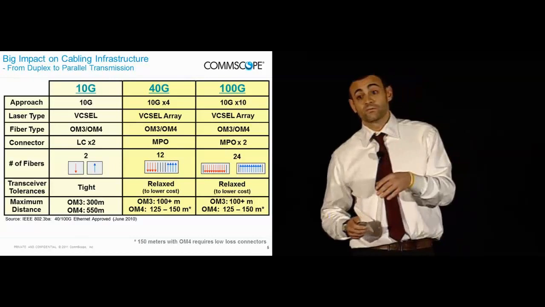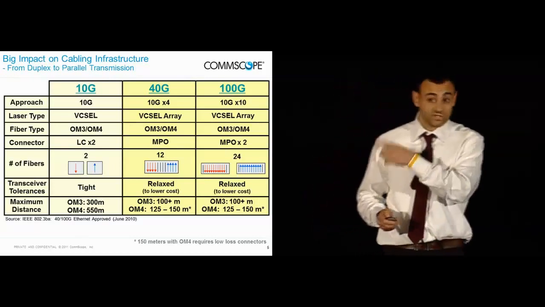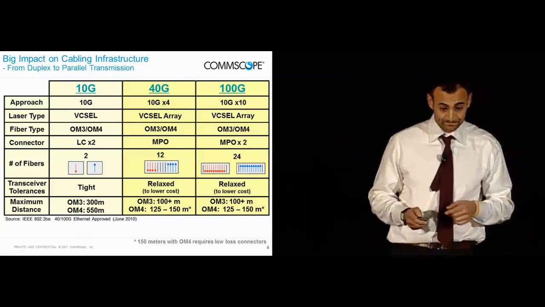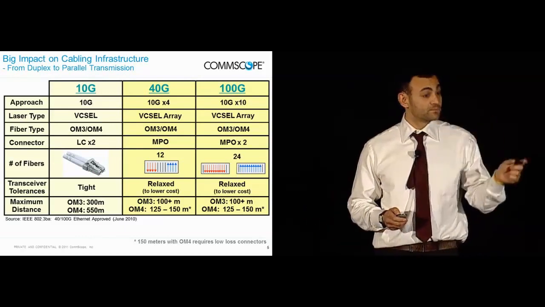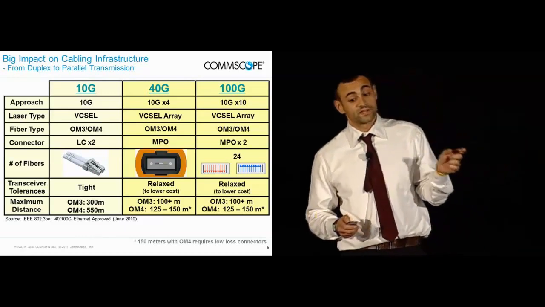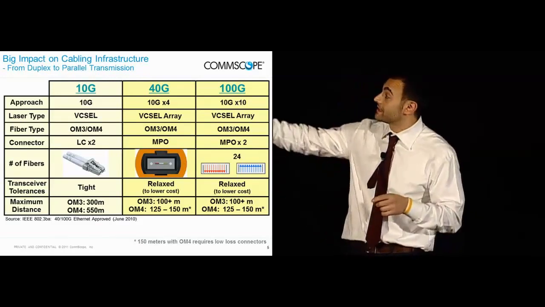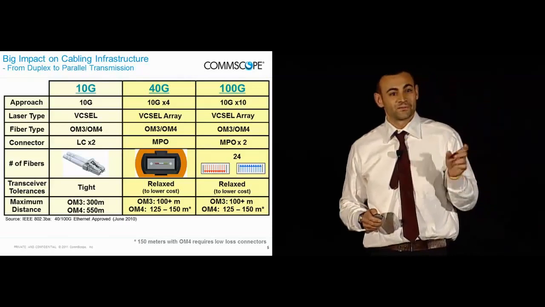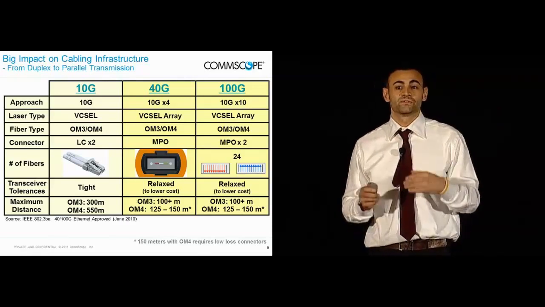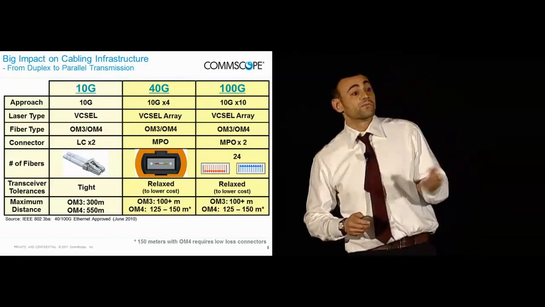Now it can be a 24 fiber increment in the future, and we'll see one of the applications for that. So duplex, 2 fibers, and it has a certain form factor. As you move to 40 and 100 gig, the IEEE did us a favor and said we're going to use the same connector for both 40 and 100. We're just going to use a different number of fibers in a 40.